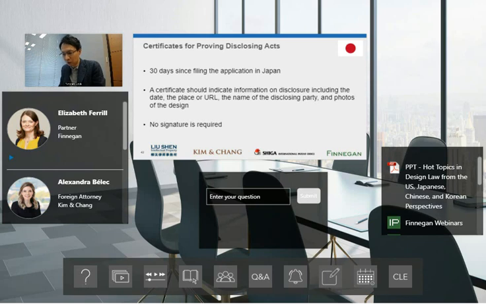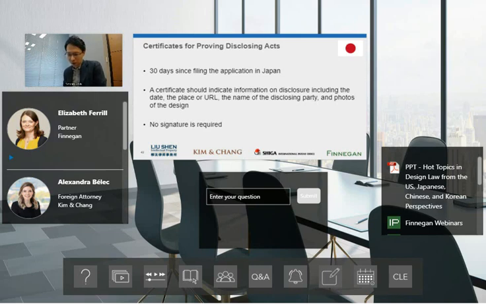Before 2020, it was necessary to sign a certificate. But concerning COVID-19, the JPO rapidly amended the requirement, and currently no signature is required. However, it is necessary to indicate the name and the title of a person who belongs to the applicant company and who is able to represent the applicant.